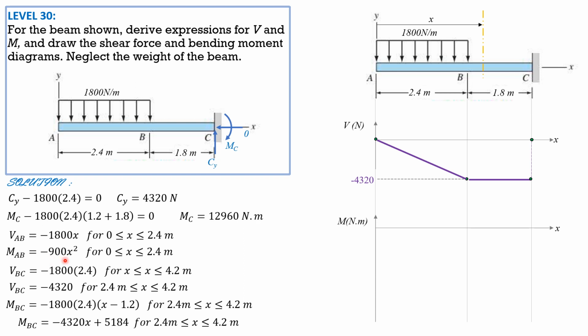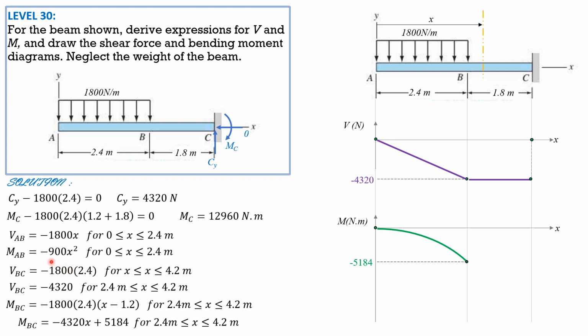Negative 900 times 0 squared is 0. Begins with 0. Then when x is 2.4, negative 900 times 2.4 squared, the curve is second degree, it is concave downward like that because the coefficient of the second degree term is negative, so concave downward. The value is negative 900 times 2.4 squared, and that is equal to negative 5184.